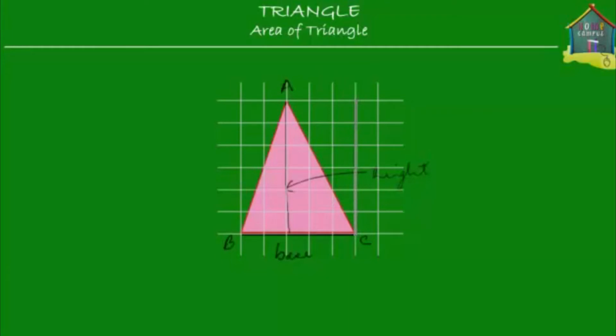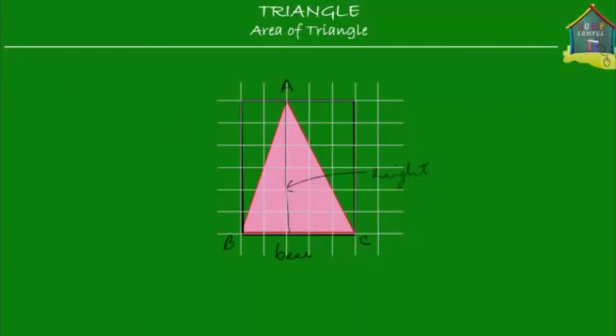Then this line is the height, and so is this, because these two are parallel to each other. So here is my rectangle made of the base and the height of this triangle, and I'll show you that I can fit this triangle ABC into half of this rectangle.